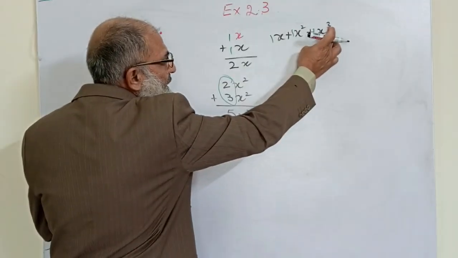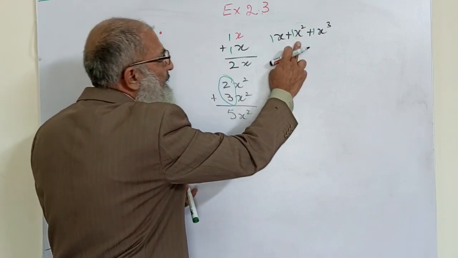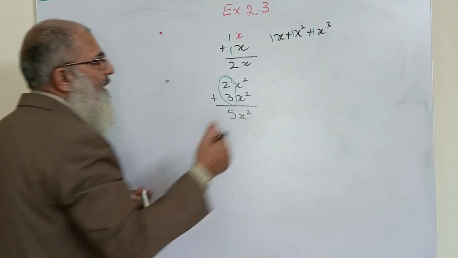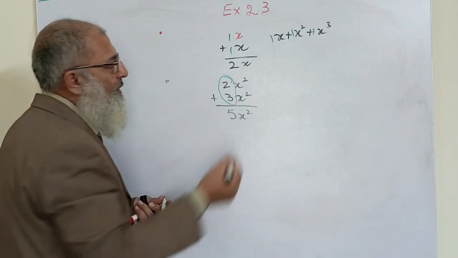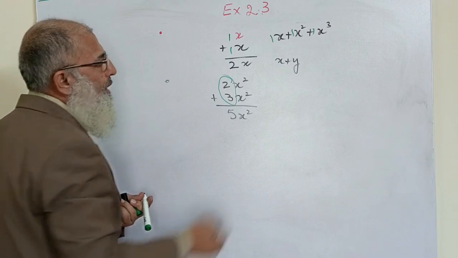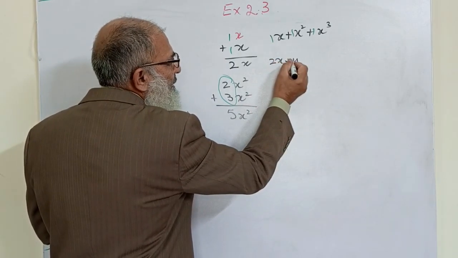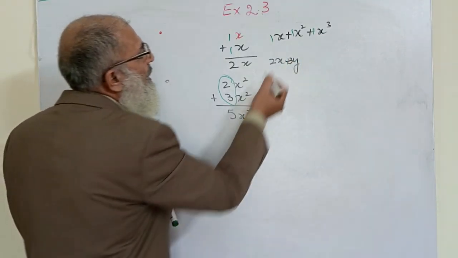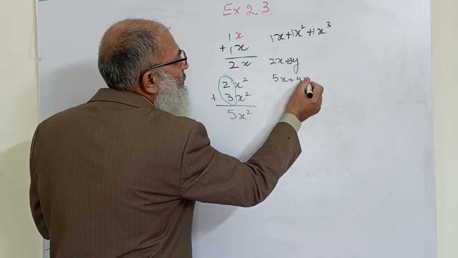Now you see that 3x cube cannot be added to x square, and x square cannot be added to x. Similarly, in mixed variable expressions, now this is x plus y. Let me assign some coefficients to this: 2x plus 3y, and let us do it in this way, plus 4y.